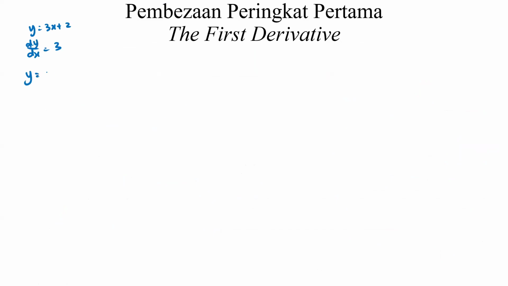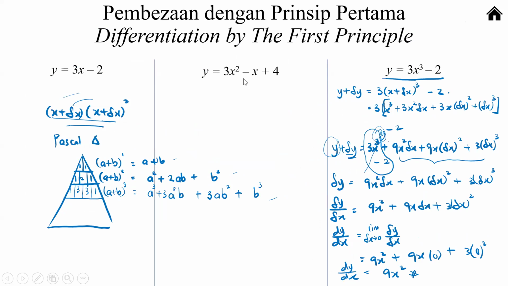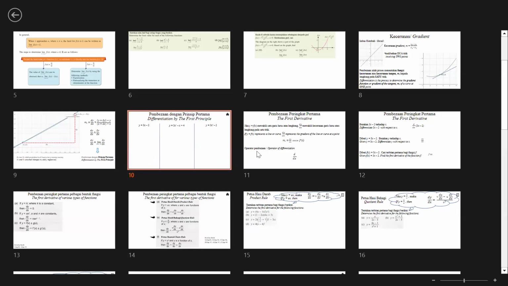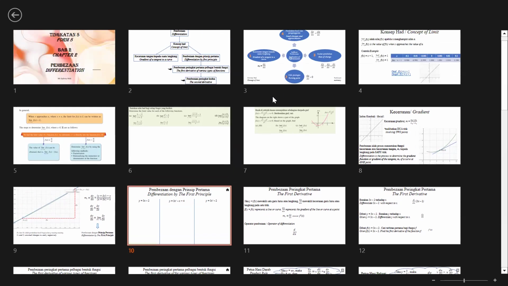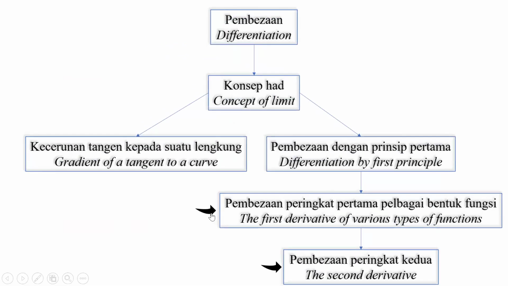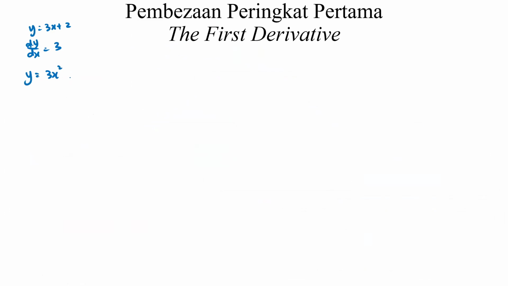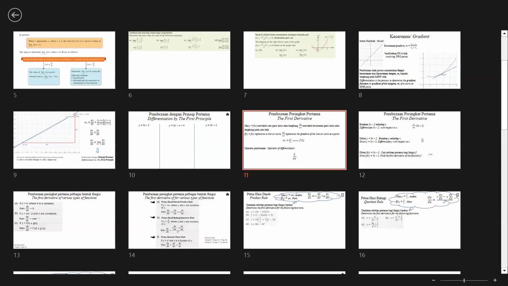And the second one is y equals 3x squared minus x plus 4.